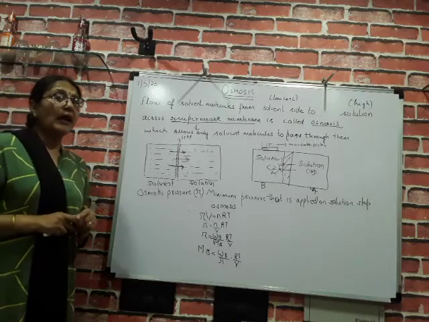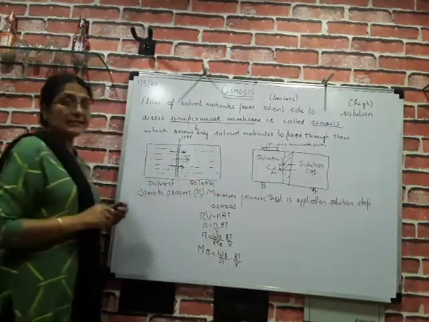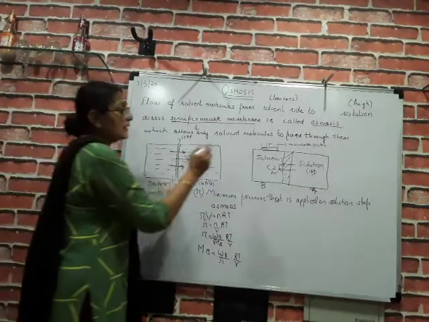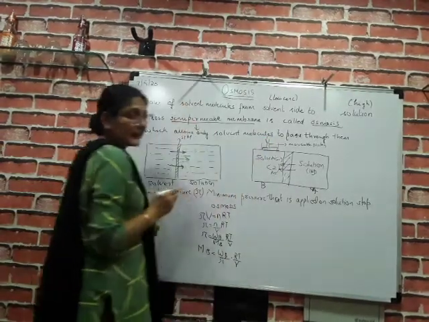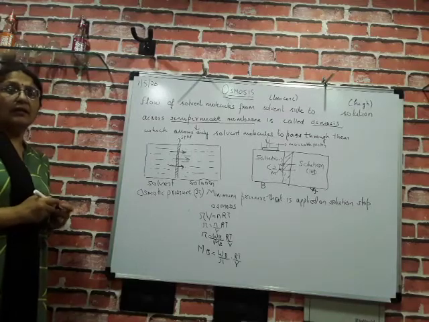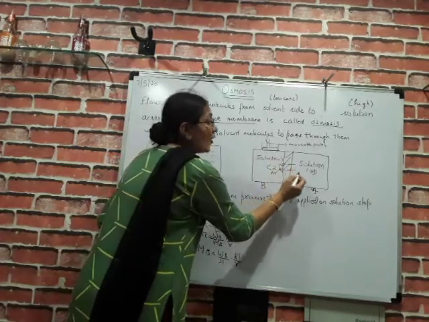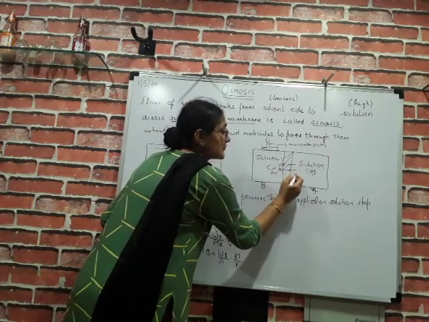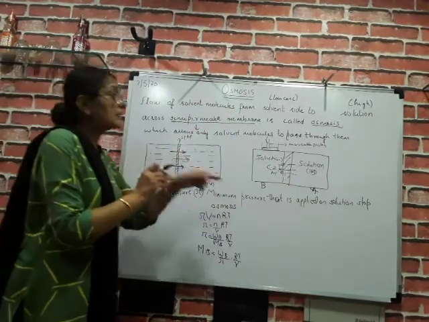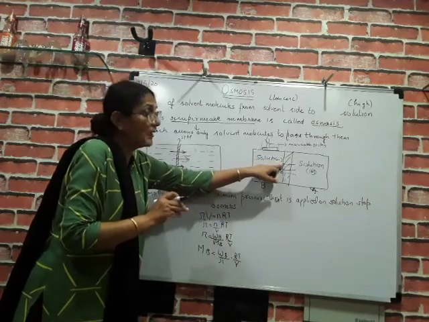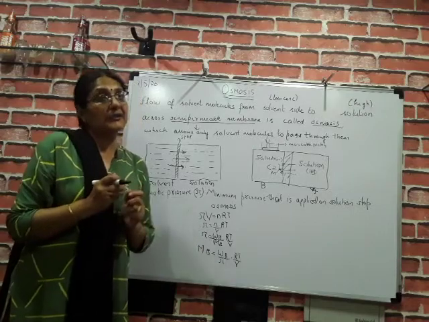Now, I have taken a movable piston on this side, and when I apply pressure on solution 2, a time comes when the osmosis process from solution 1 to solution 2 stops, and at this particular moment the pressure is equal to the osmotic pressure.